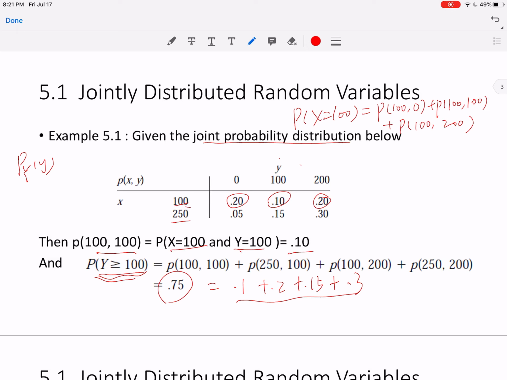We just need to guarantee x is 100 and y could be any number. This is equal to 0.2 plus 0.1 plus 0.2, which is 0.5.